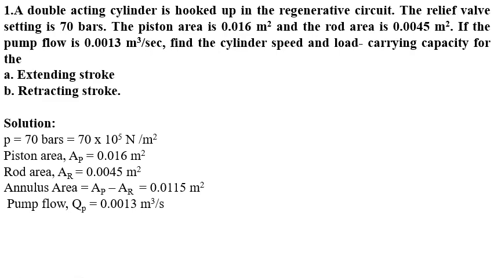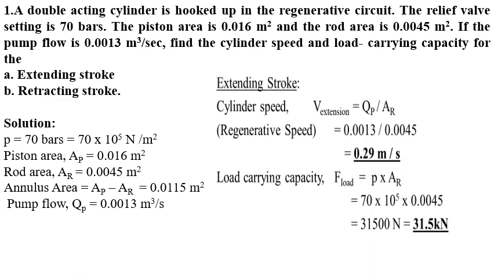Now directly we will go to find out cylinder speed and load carrying capacity during extending stroke. Sub question A. During extending stroke, you already understood the formulas. Cylinder speed during extending stroke, V extension, equals pump flow rate divided by rod area.